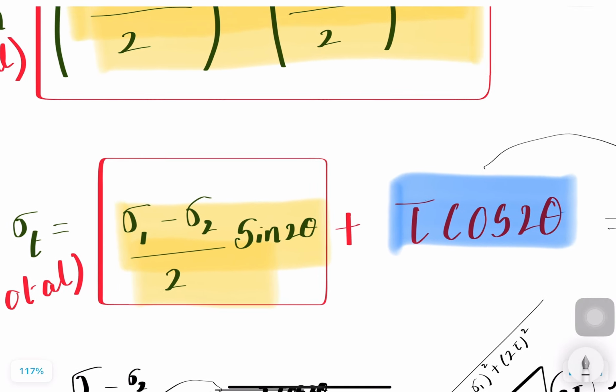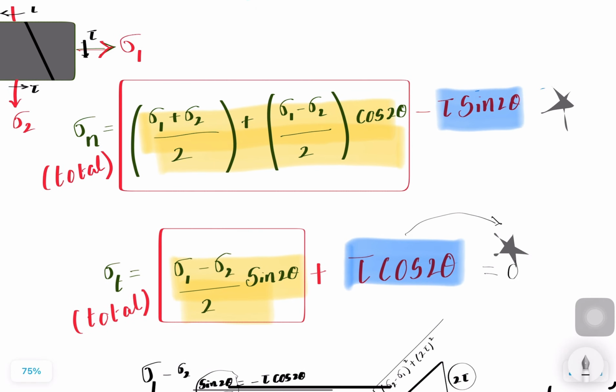Because we have the cos 2 theta term here, and we also have the sine 2 theta term here. We just have to substitute the expression for sine 2 theta and the expression for cos 2 theta obtained from the plane that carries zero shear stress. That is interesting.